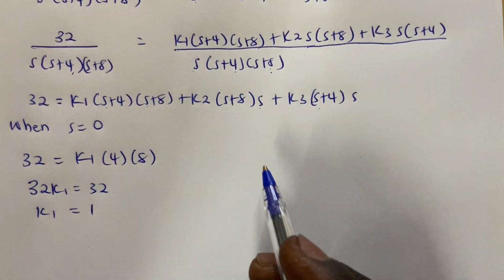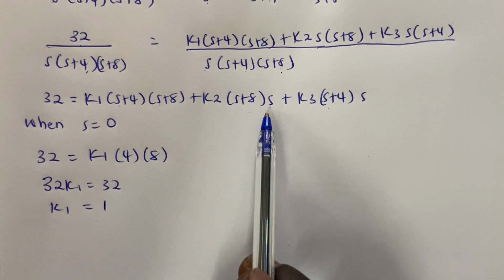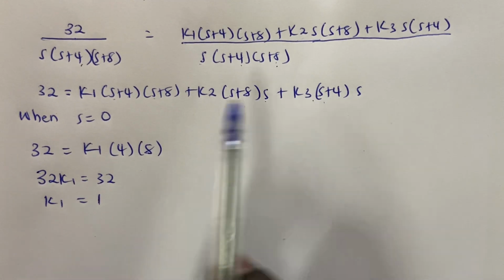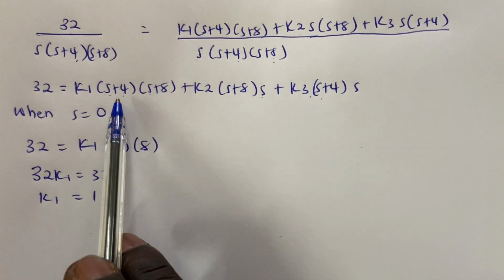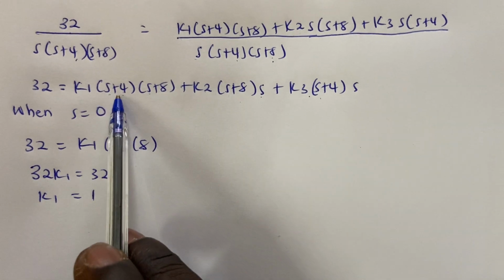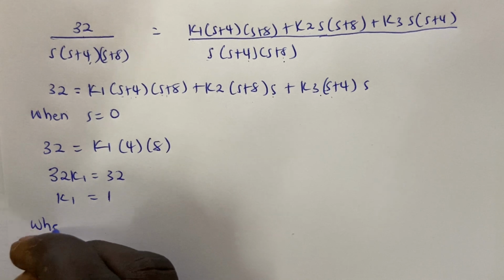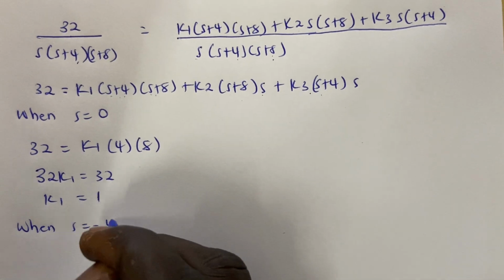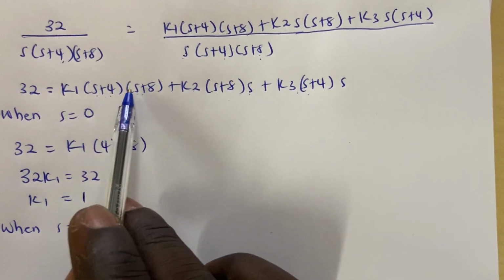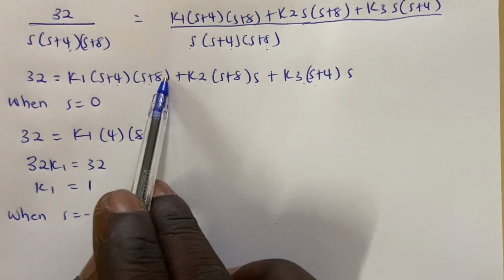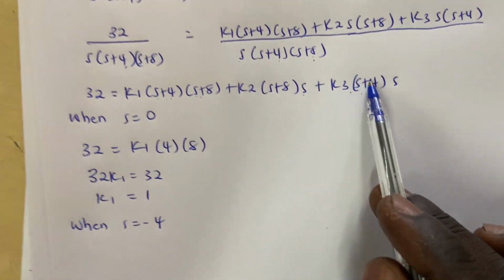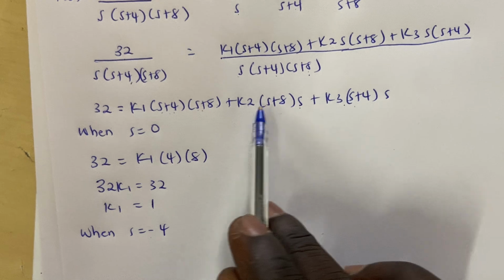Now, to find the second term, if we want to make k3 go away, or k1 go away, then we have to use s equal to -4 or -8. So let's start with -4. When s is equal to -4, k1 will go away, because this one will turn to 0 and this whole expression will go to 0. This one will also go to 0, so we are left with k2.